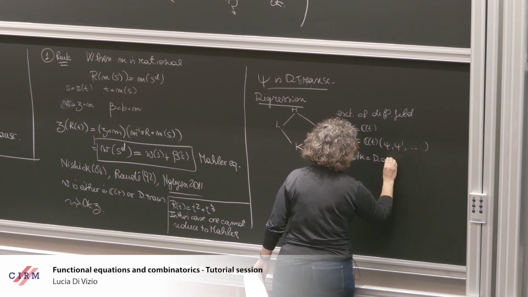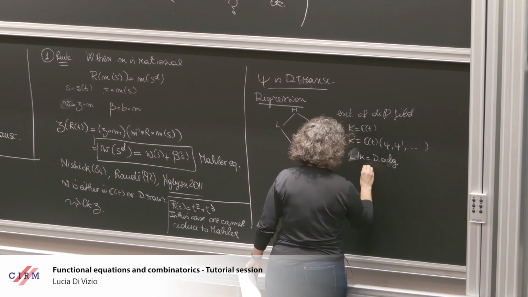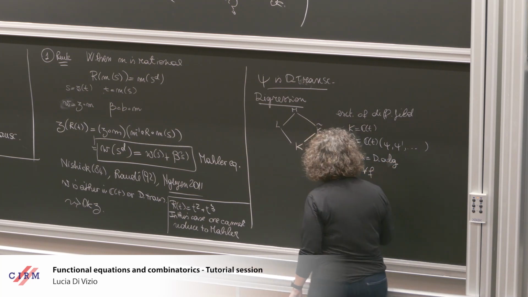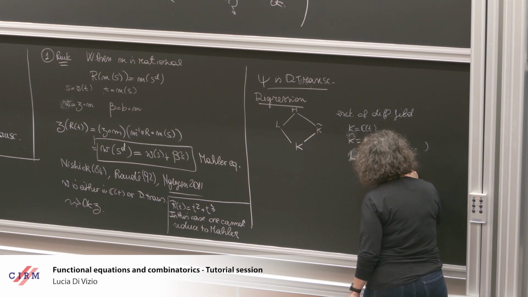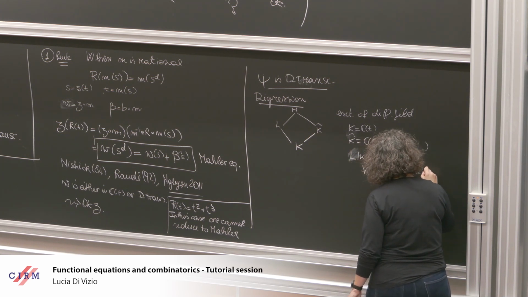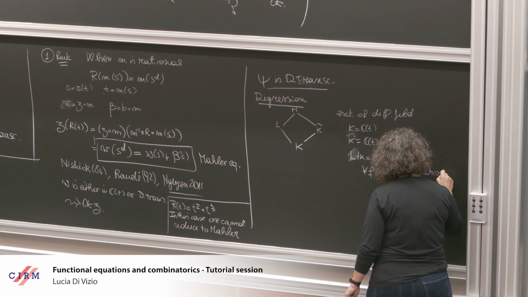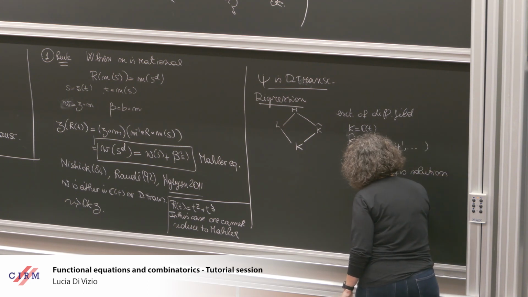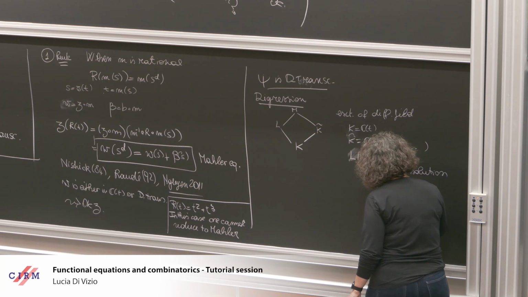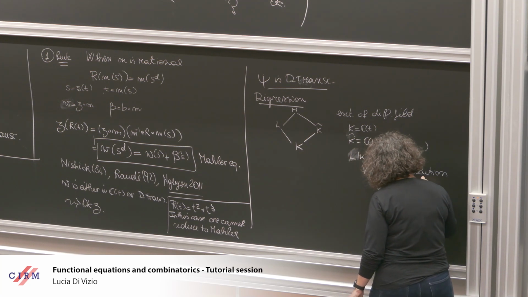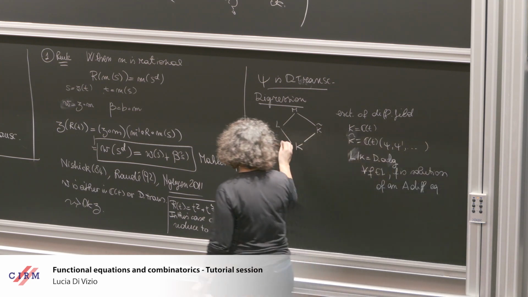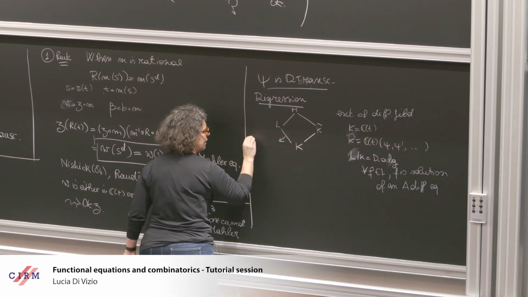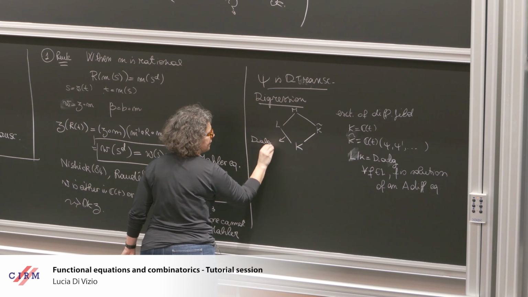What does it mean? It means that for any f in L, f is a solution of an algebraic differential equation. Okay, so all the things in here are D-algebraic.